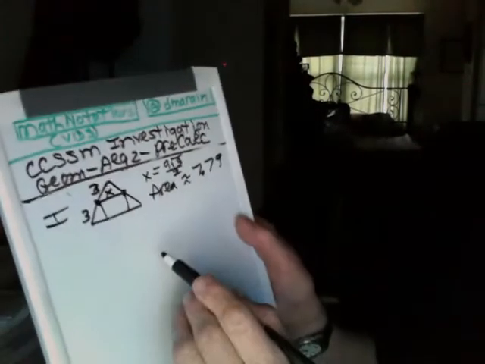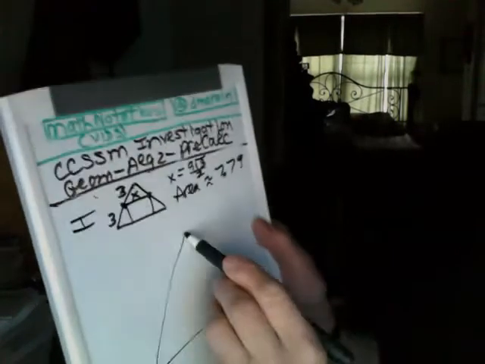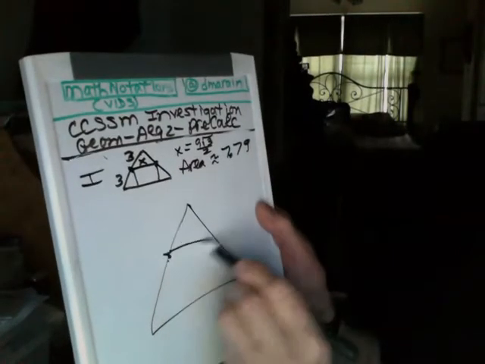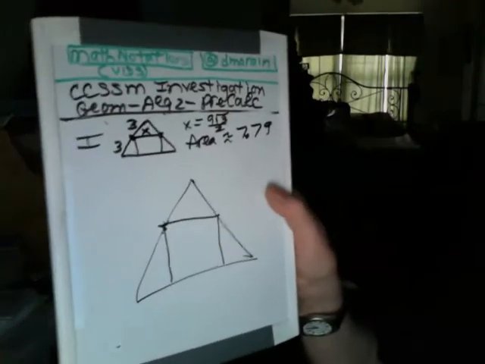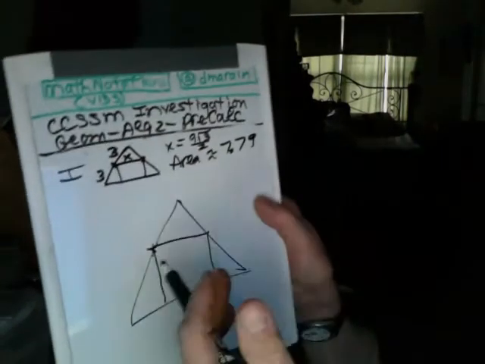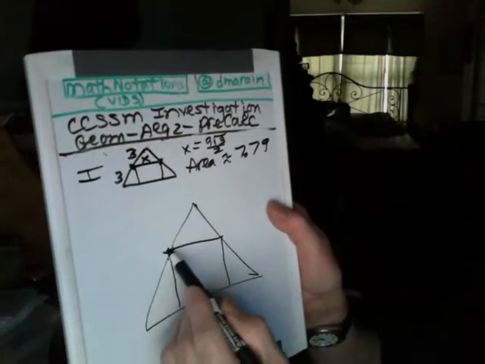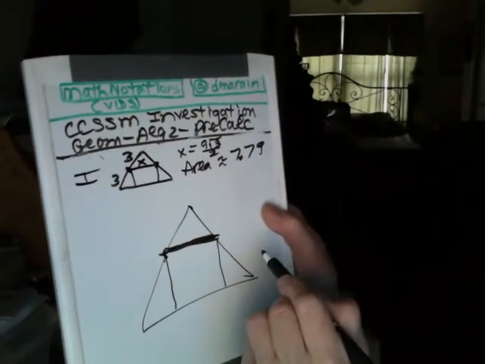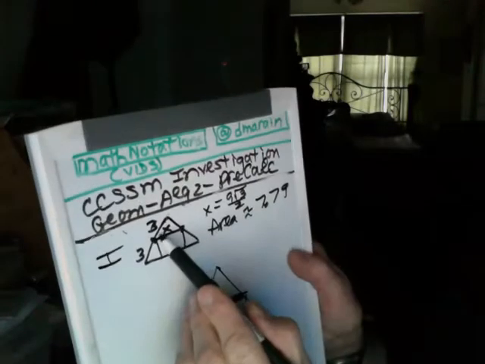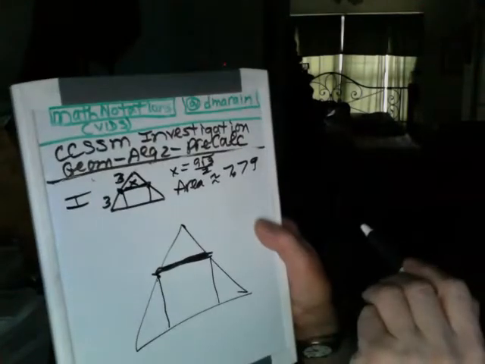The next case students might consider would be the square. So let's look at the equilateral triangle again, this time with a square. And you could ask, will the side of the square be less than or more than the side we obtained from the midpoints?